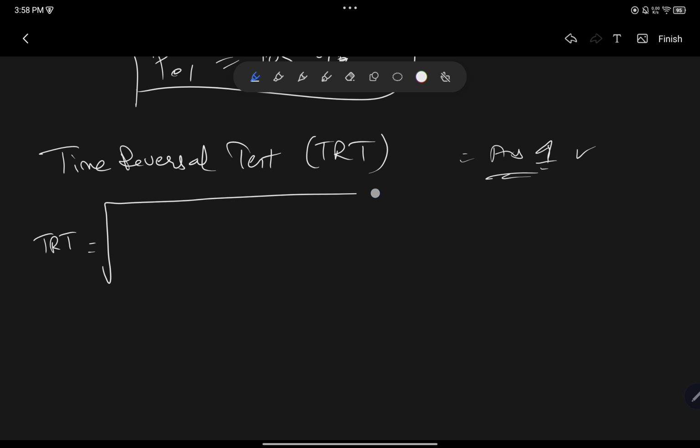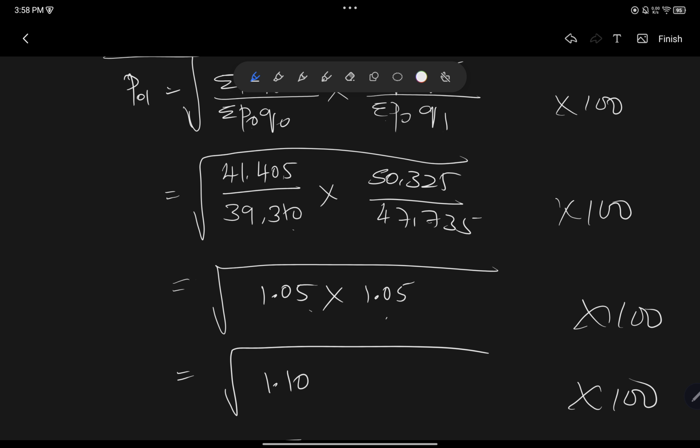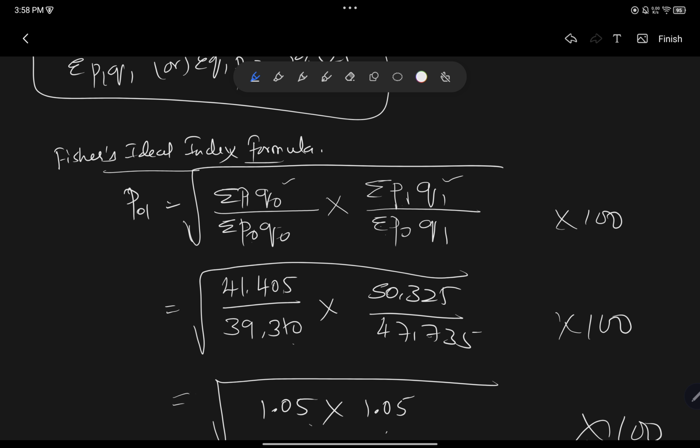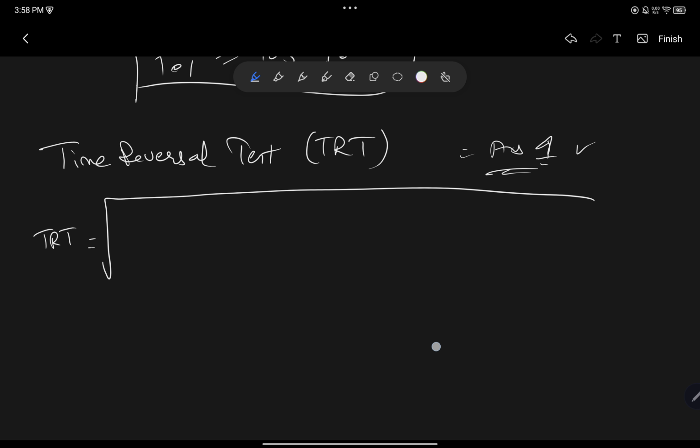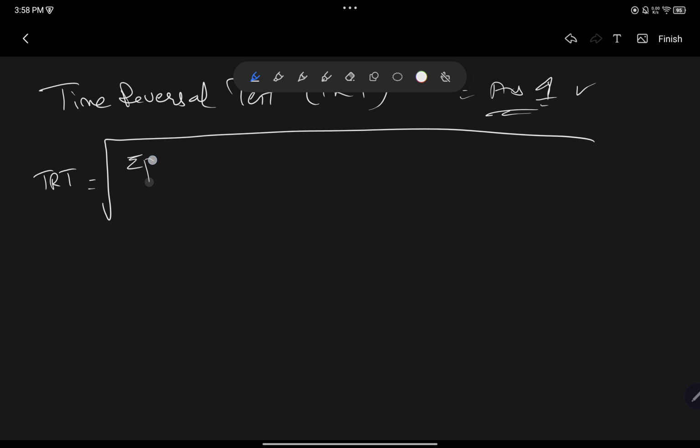TRT is equal to the first formula: summation of P1 divided by summation of P0, Q0, Q0, into summation of P1, summation of P0, Q1, Q1. Half of the formula is the same.